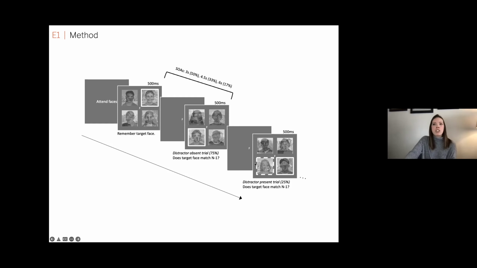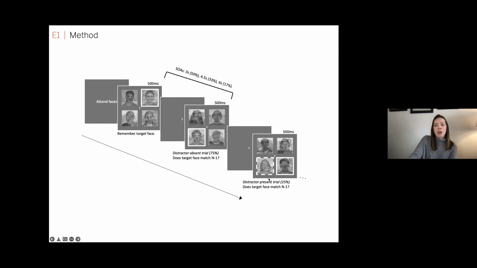But the real question is what happens to that filter that's currently in place to prioritize those faces and filter out the houses? If distraction really only disrupts spatial attention and leaves that filter in place, then even on distractor-present trials during attend-face blocks, we should still see greater FFA activity relative to PPA activity, reflecting that they are still filtering out the houses and processing those faces.